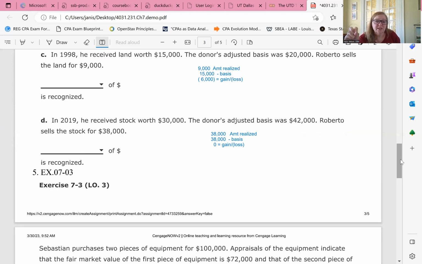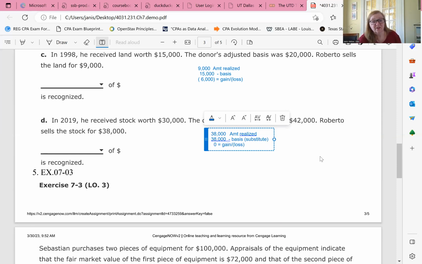Because he sold it for an amount between the fair market value at the date of the transfer and the donor's basis, we're required to do this arbitrary substitute basis that forces the basis to be the same as the sales price. So this 38,000 he sold it for triggers us to show the basis at 38,000 as well.